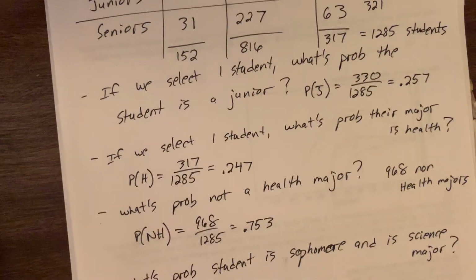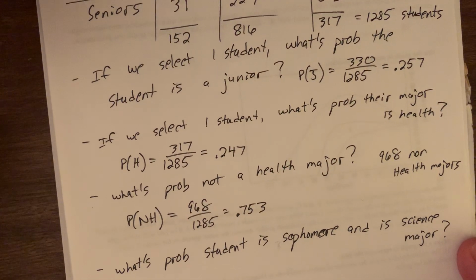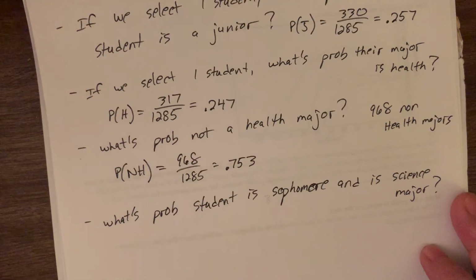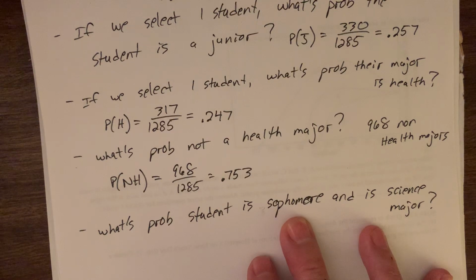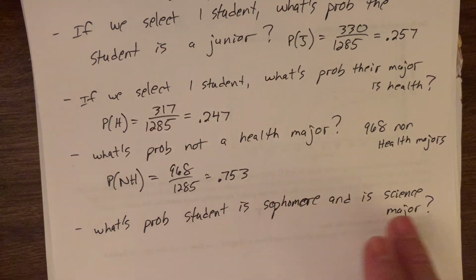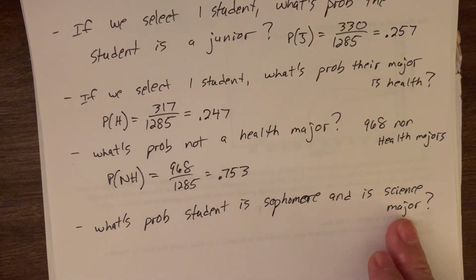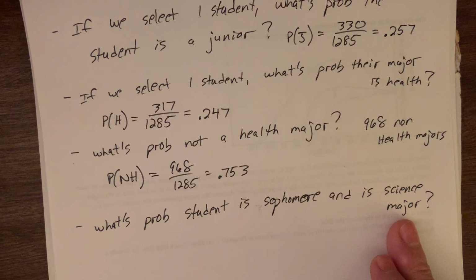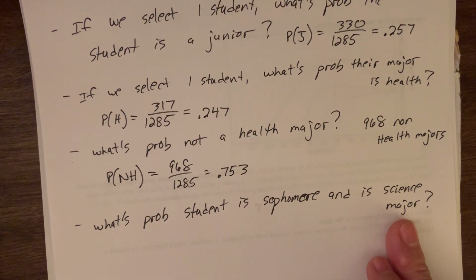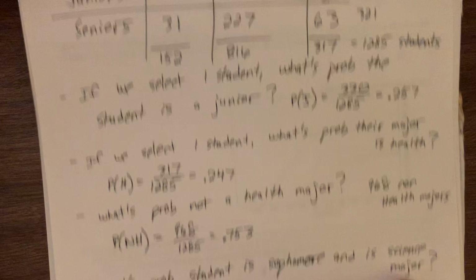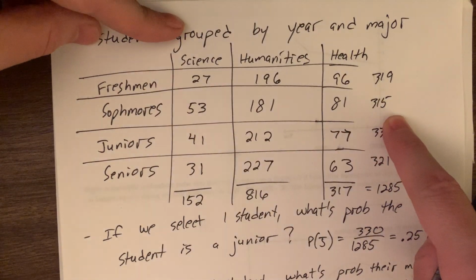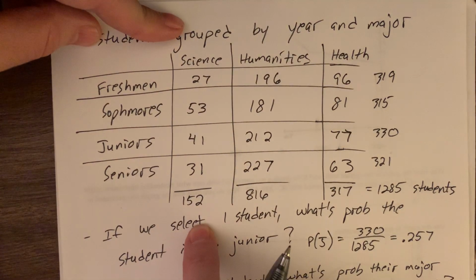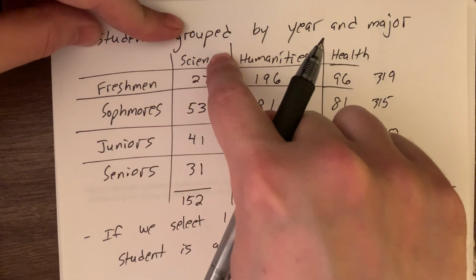This may look a little ugly at first, but this is actually an easier problem because we just have 2 things to consider. We still have the same 1,285 students, but we're getting 2 things. We're getting an and statement here. The book can go pretty nutty with its notation in these sections, but it's just looking at who satisfies. We come to the top. I'm not looking at all sophomores. I'm not looking at all science majors. I'm looking at people that are sophomores and science majors.